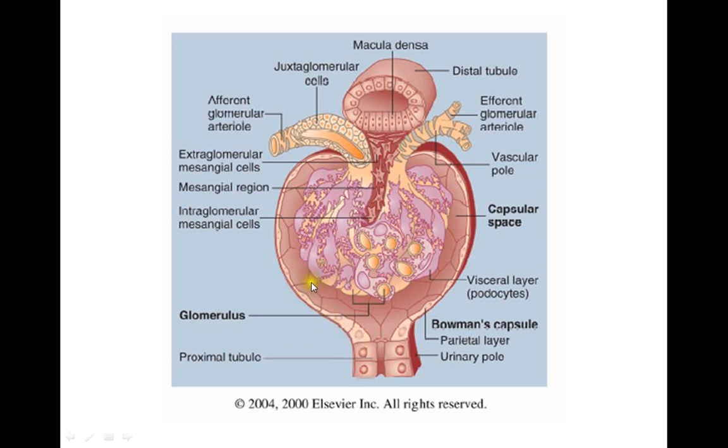Here we have a hollow space which is named as Bowman's space or urinary space. Blood filters through the glomerulus and the filtered fluid enters into this space.